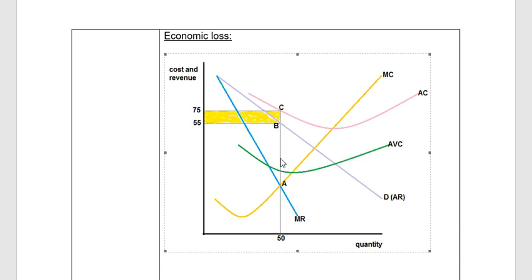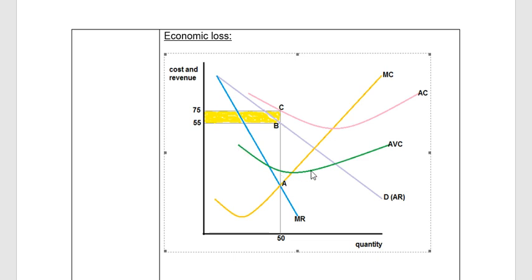My average variable cost is way lower than my average revenue. In this case, he will not shut down, because my average revenue is still higher than my average variable cost. Remember, if my average revenue is not enough to pay for the average variable cost, he will shut down.